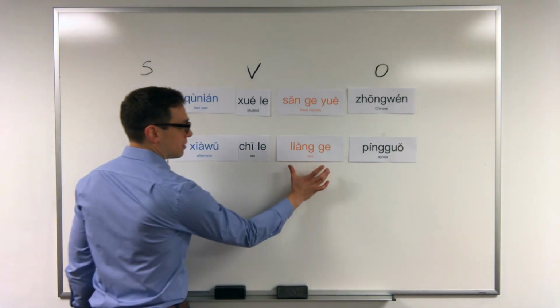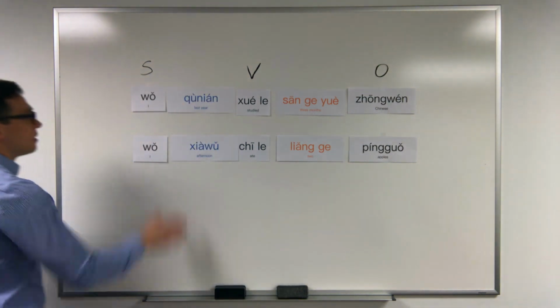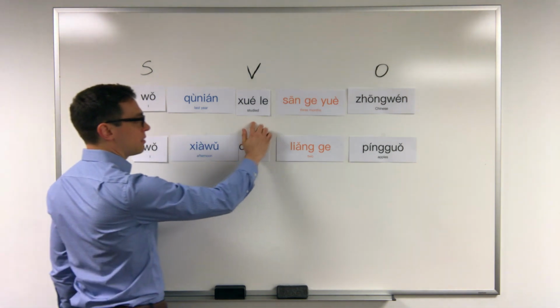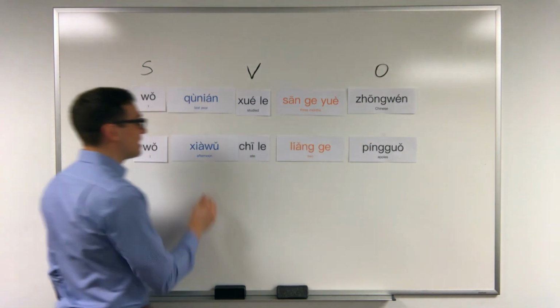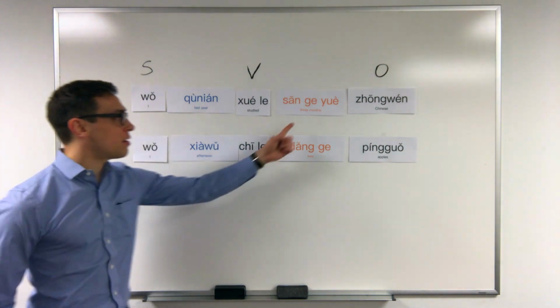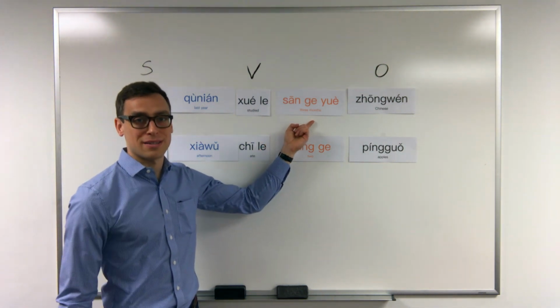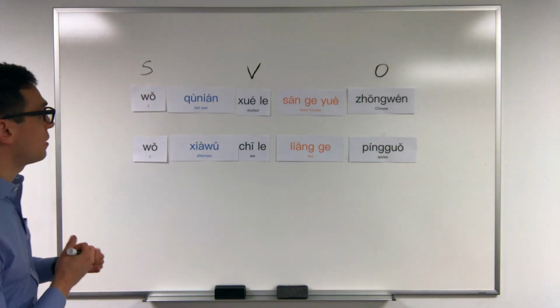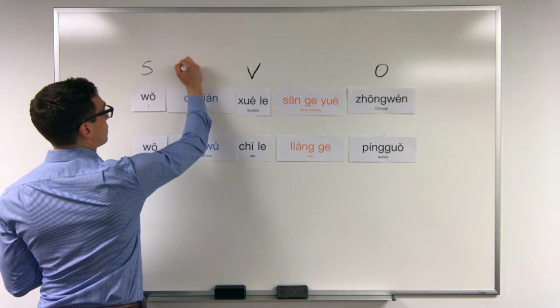This is a quantity of apples. I, last year, studied 3 months of Chinese. This tells you when the studying happened. This tells you for how long the studying happened. That's our difference.